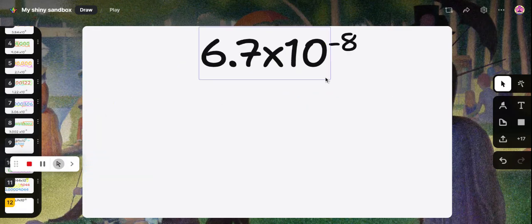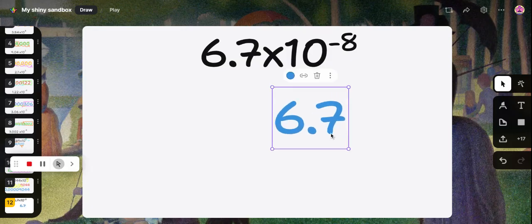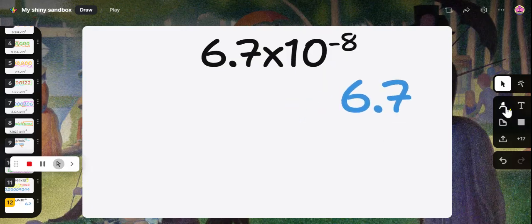All right, I've got one more example for you here. 6.7 times 10 to the negative 8th. Okay. We can start first by drawing our jumps if you would like. 8 jumps. This is going to be a negative number. I mean, this is a negative exponent. Ooh, this is not going to be a negative number. It's going to be a small number because we're going to the left. 8. 1, 2.